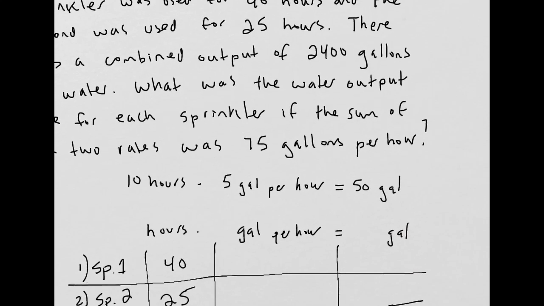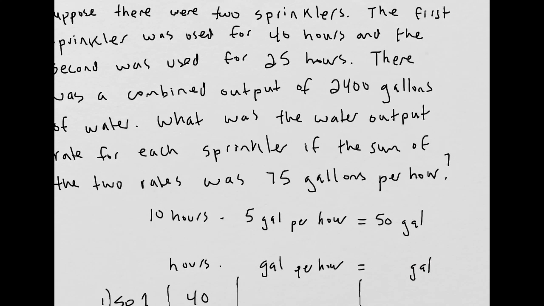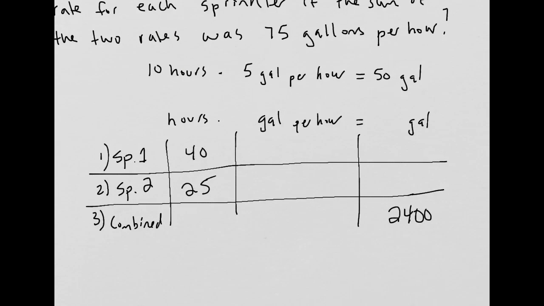And then the only other number they give me is that the sum of the two rates was 75 gallons per hour. So that number is going to go, again, in my combined row under gallons per hour.